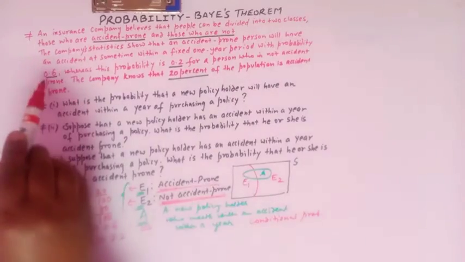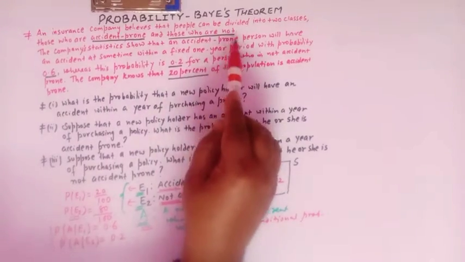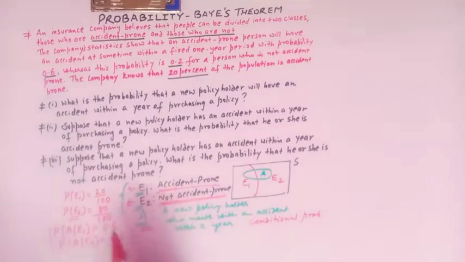So the accident prone probability is 0.6, which can be written as 6 over 10, and P(A|E2) is 0.2, which can be written as 2 over 10.